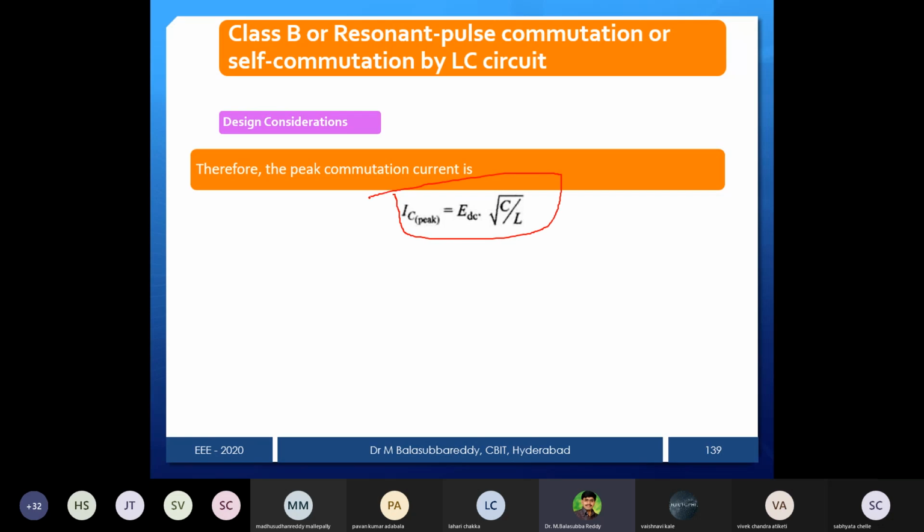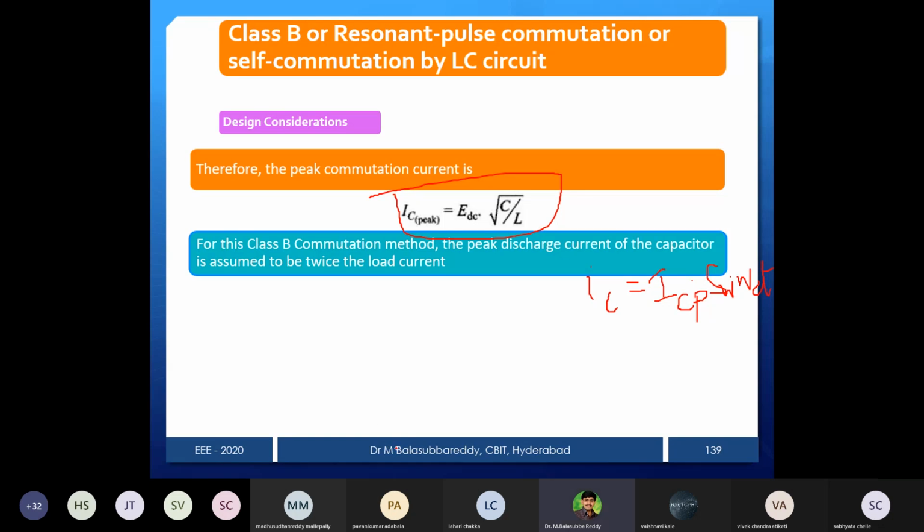This is expressed as IC equal to ICP into sin omega naught t, if we derive. And what is ICP? It is the peak capacitor current, V DC into root C by L. We can represent that as the peak capacitor current, or at this point we can say the commutating current.